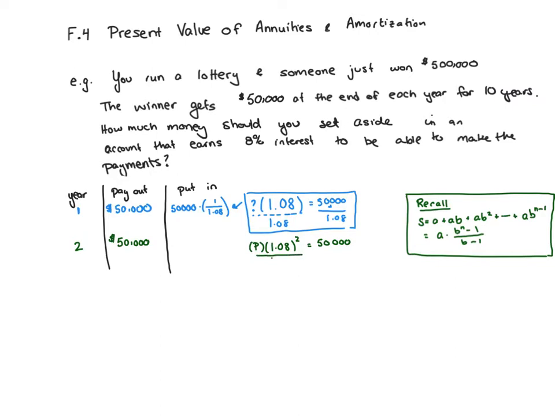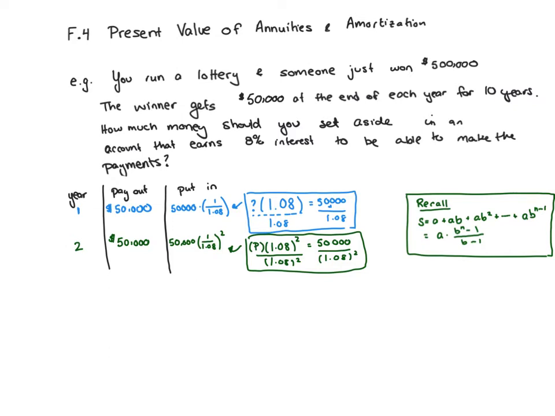So I can divide both sides by 1.08 squared. But dividing by 1.08 is the same as multiplying by 1 over 1.08. So I can think of this as 50,000 times 1 over 1.08 squared. That gives me the amount that I need to put in to make that payment after 2 years.